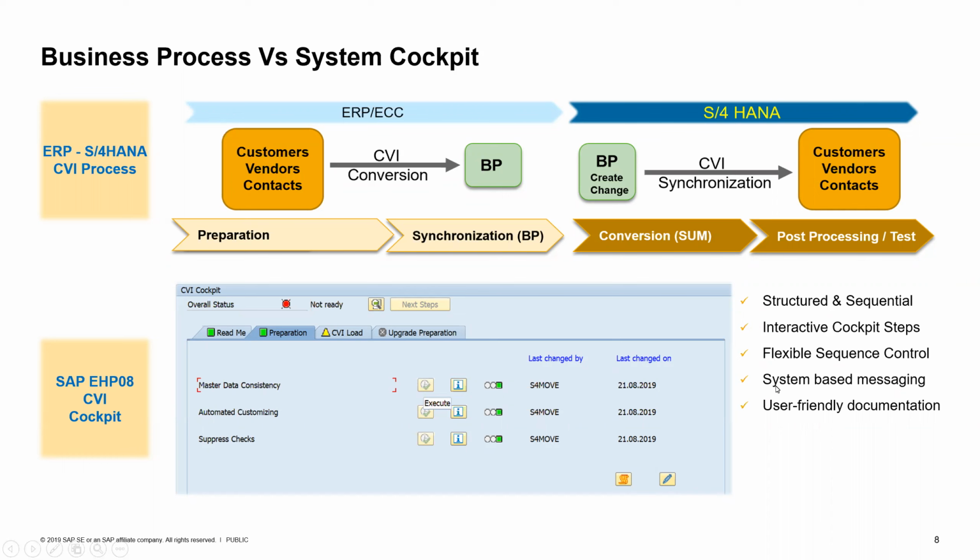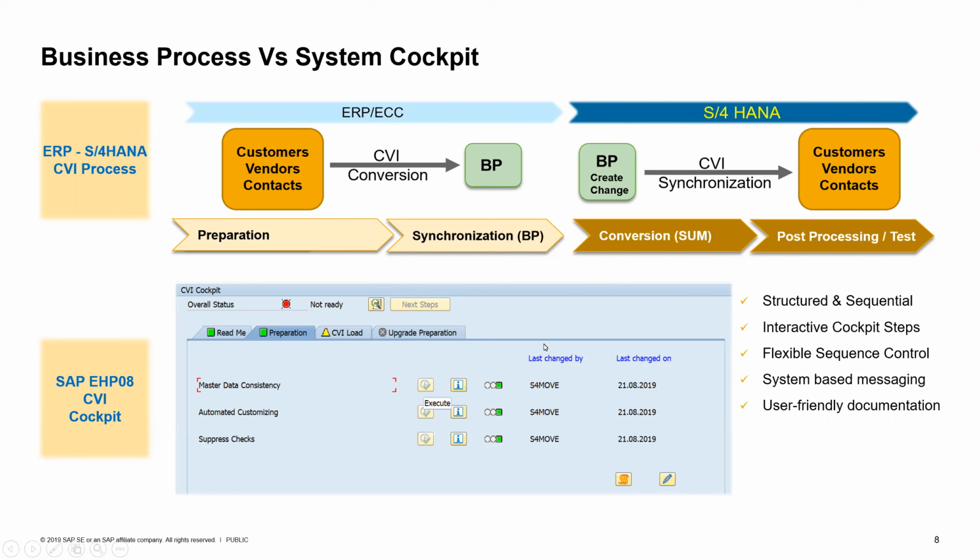Followed by that, we have real system-based messaging. A question might pop up in some of your minds: if the controls are manual, then how exactly are we sure? Because for manual controls there is always scope for error, and to avoid that we must rely on system-based messaging.